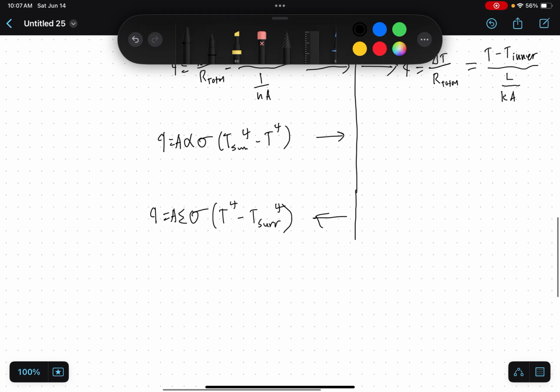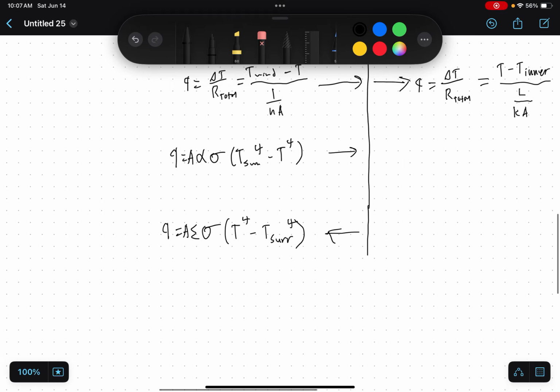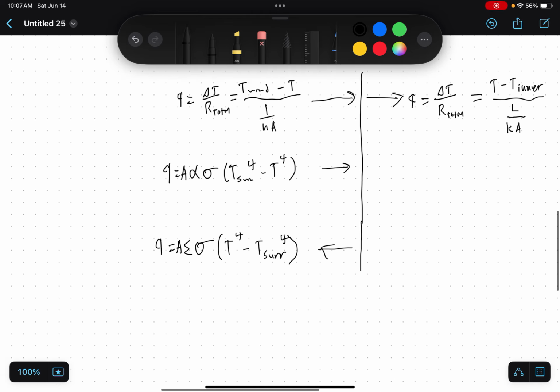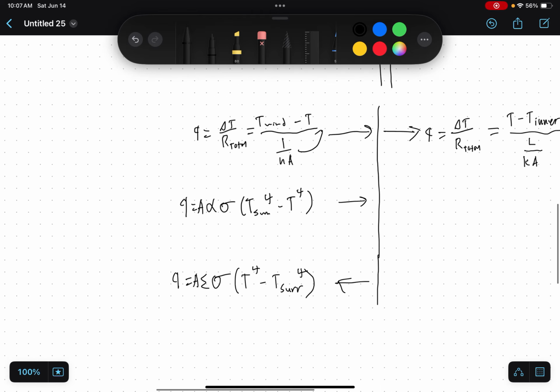Cool. So our energy balance, I'm going to write it as stuff going in equals the stuff going out. So the stuff going in, we can move this up to the top.